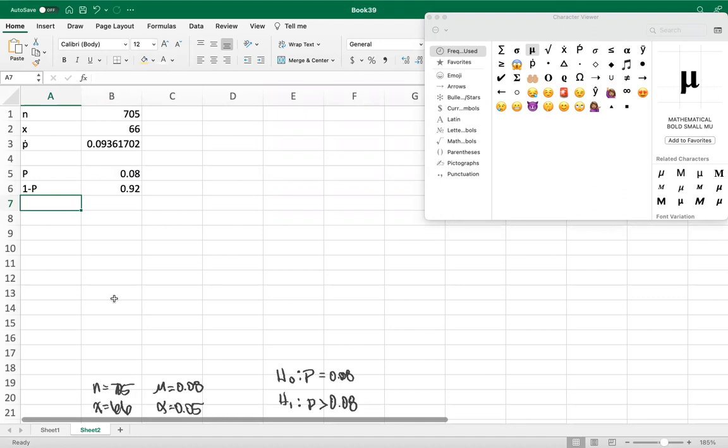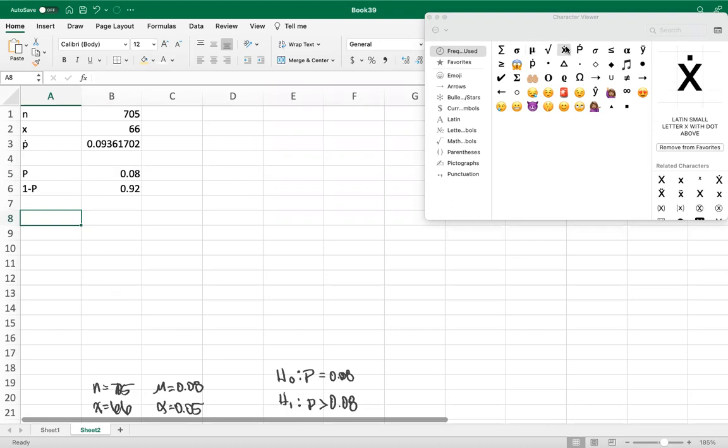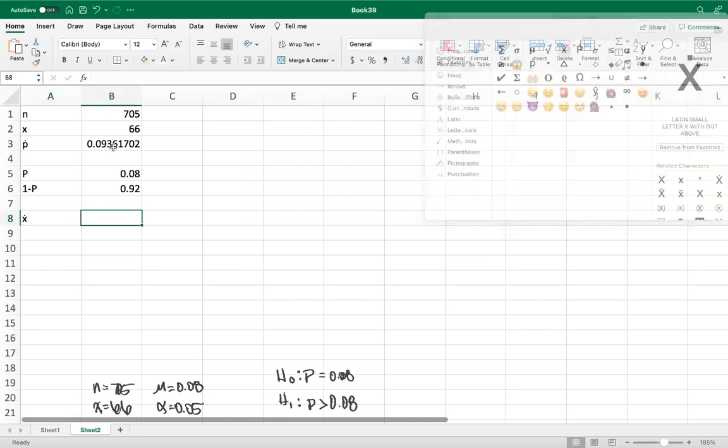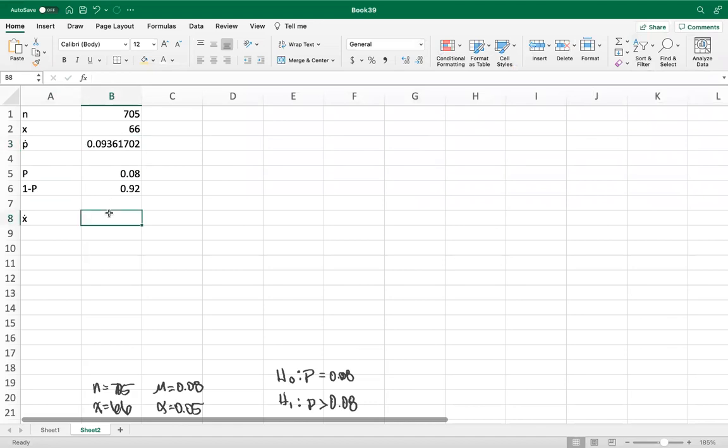Now that we have that, we have our X bar, which is equal to P hat.